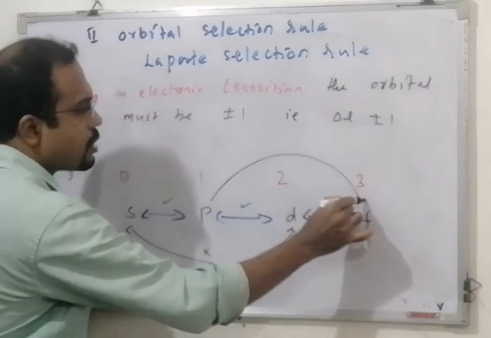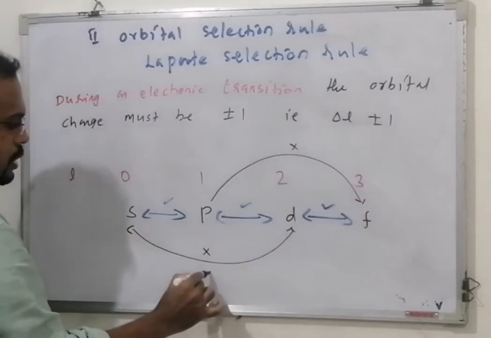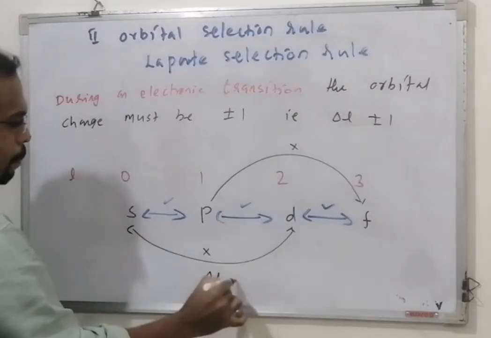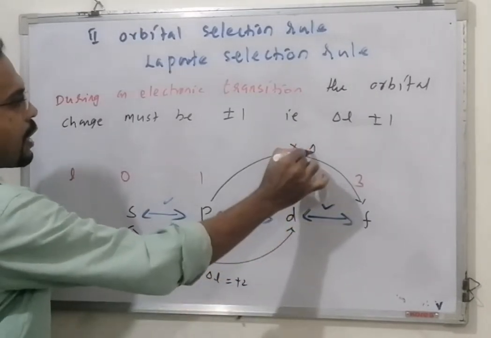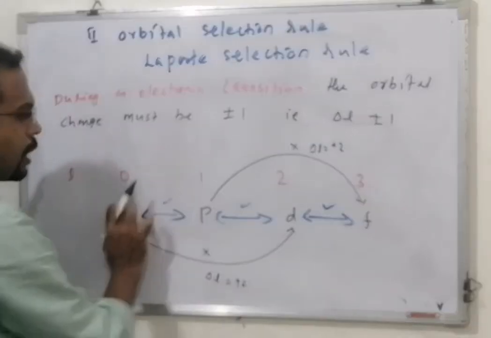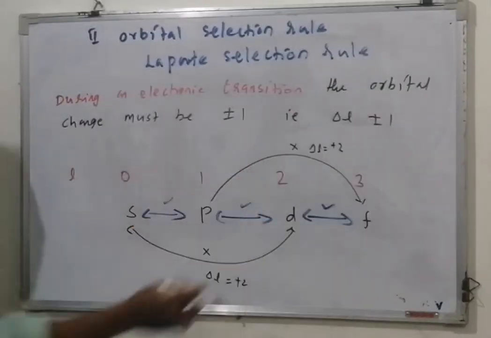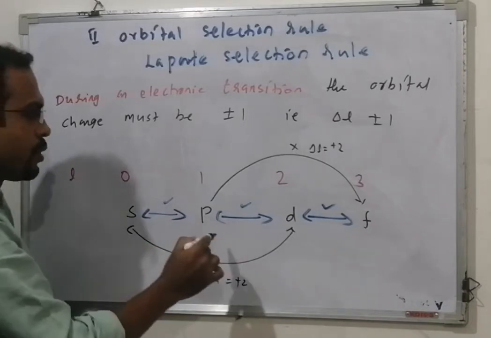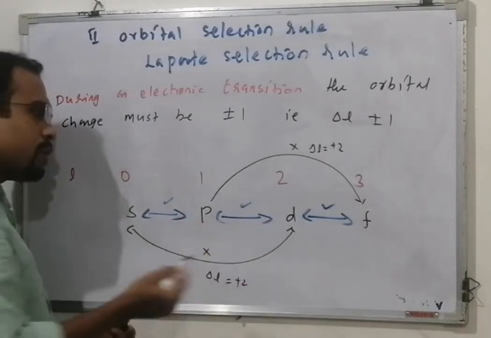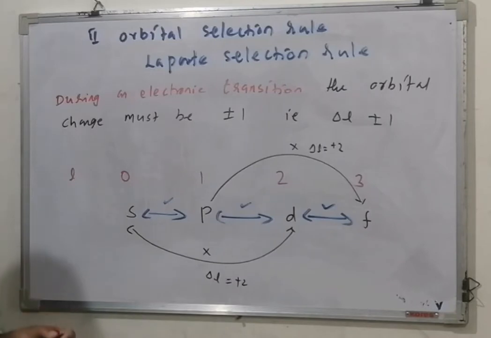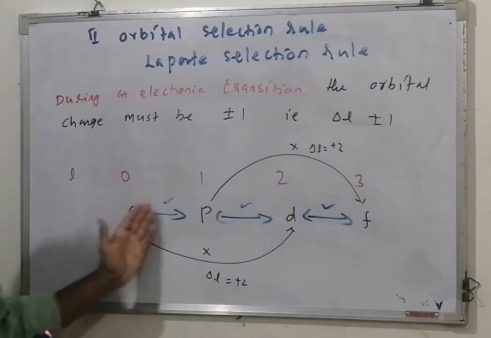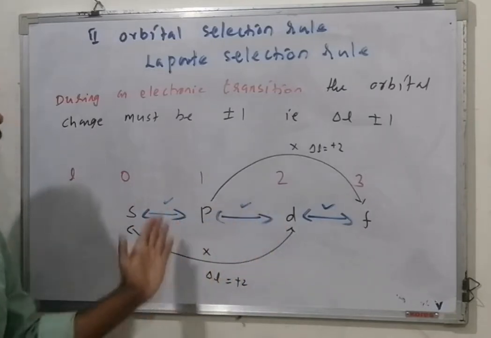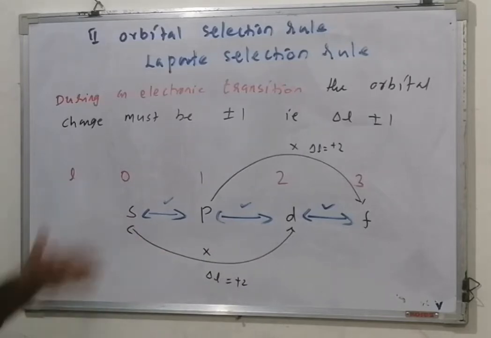Similarly, this transition is not allowed because delta L is equal to plus 2. S to F is not allowed because delta L is equal to plus 3. P to F is not allowed. These are the allowed transitions: S to P, P to D, or D to F. Okay, this is called the Laporte selection rule.